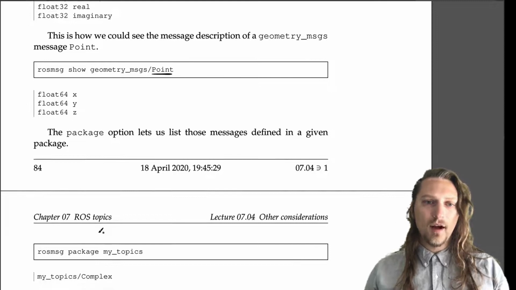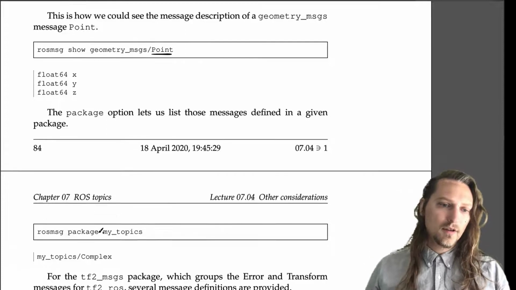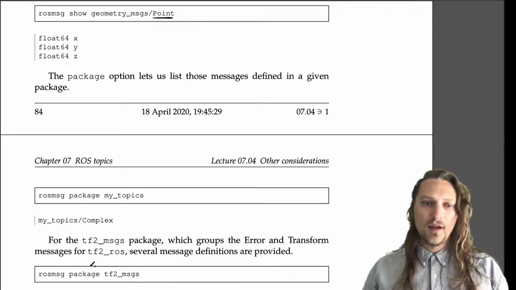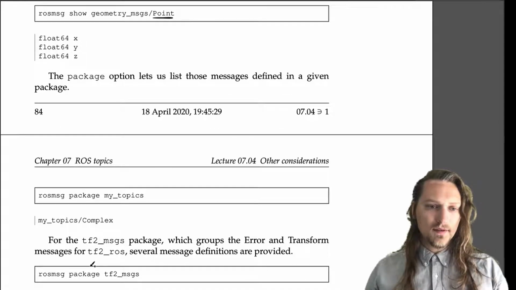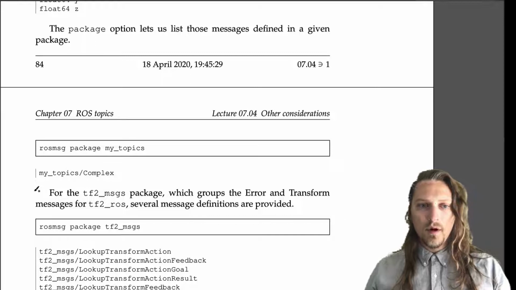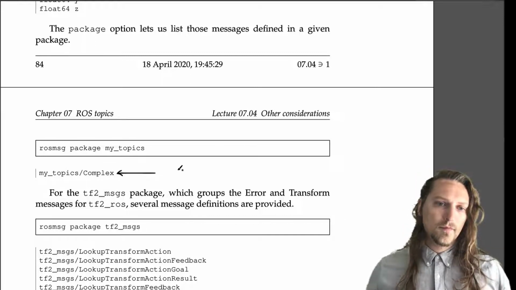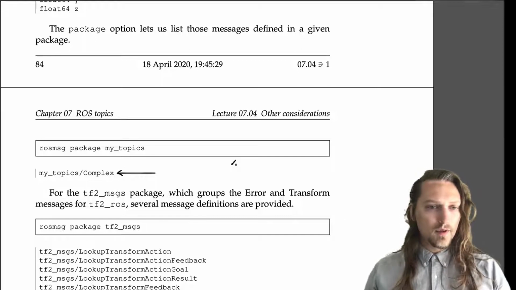The package option lets us list those messages defined in a given package. So rosmsg package my_topics, which is of course the package that we created together. We will see the one custom message description that we have created, complex.